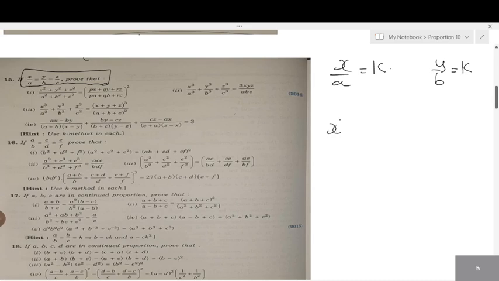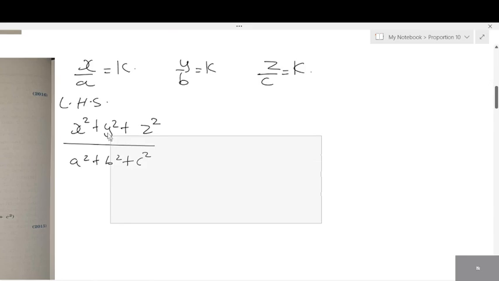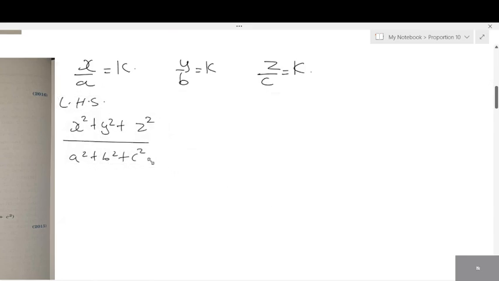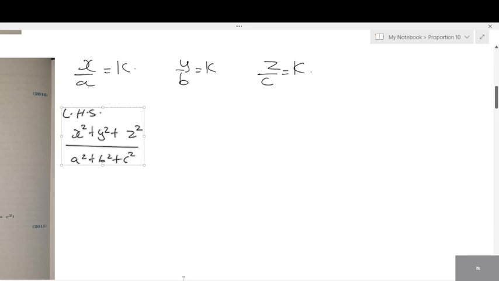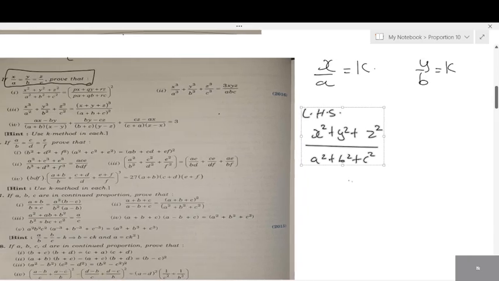Next, we need to find x square plus y square plus z square divided by a square plus b square plus c square. Left hand side, LHS. B into a.